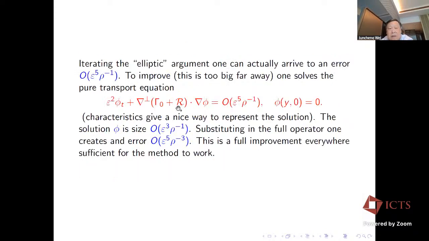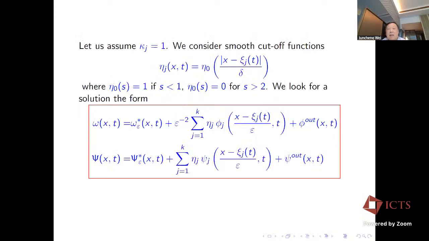Okay. So now I'll show you what is the inner and the outer gluing. So this is our first ansatz, and we write the vorticity as eta j.